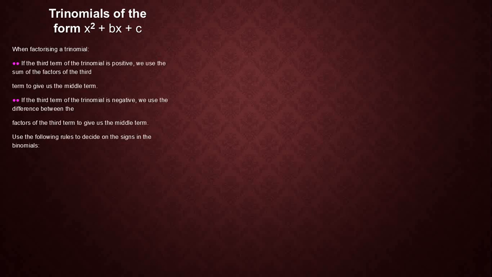If the third term is negative, we use the difference between the factors of the third term to give us the middle term. We use the following rules to decide on the signs of the binomials.